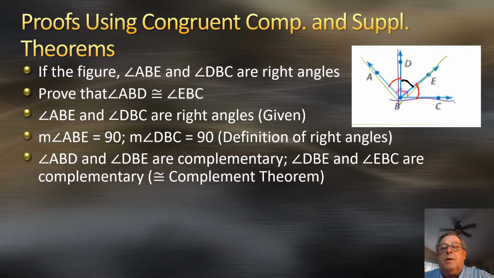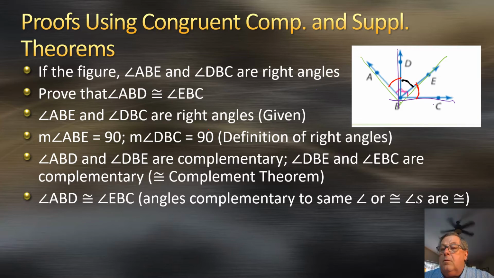And then angle DBE, there in the black, and angle EBC, the second one down there in the red, are also complementary because they make up that larger angle DBC. And so that's by the congruent complement theorem.